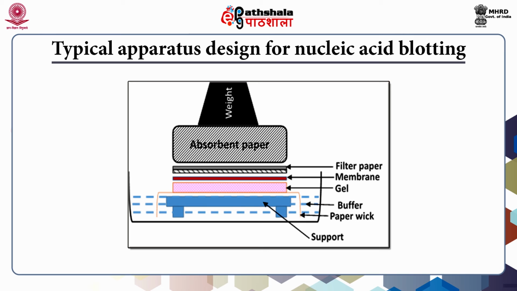The most common arrangement of Southern blotting uses capillary action in the direction of flow of molecules from buffer to membrane. The assembly can be easily prepared in the laboratory.